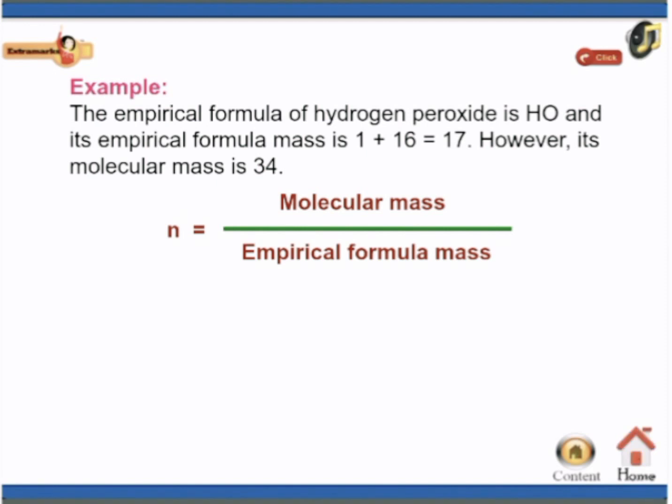Let us consider an example. The empirical formula of hydrogen peroxide is HO and its empirical formula mass is 17. However, its molecular mass is 34.